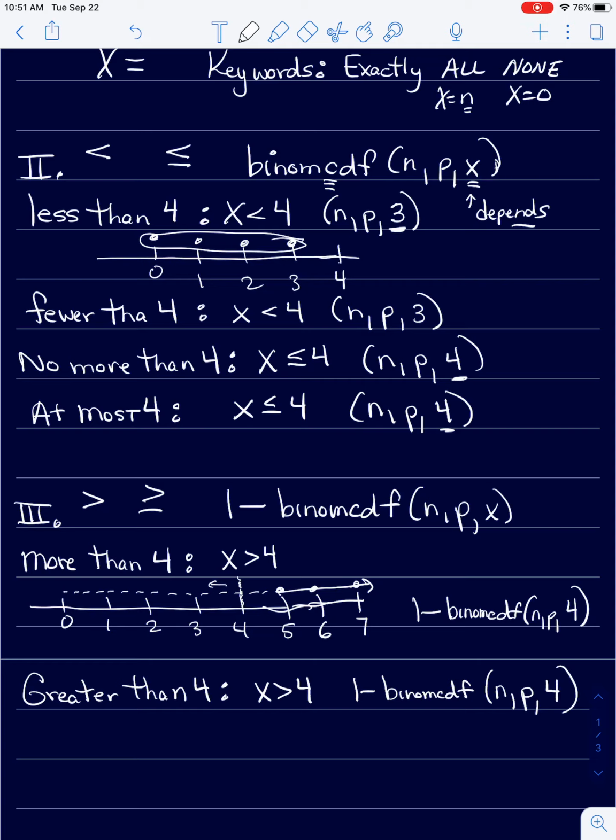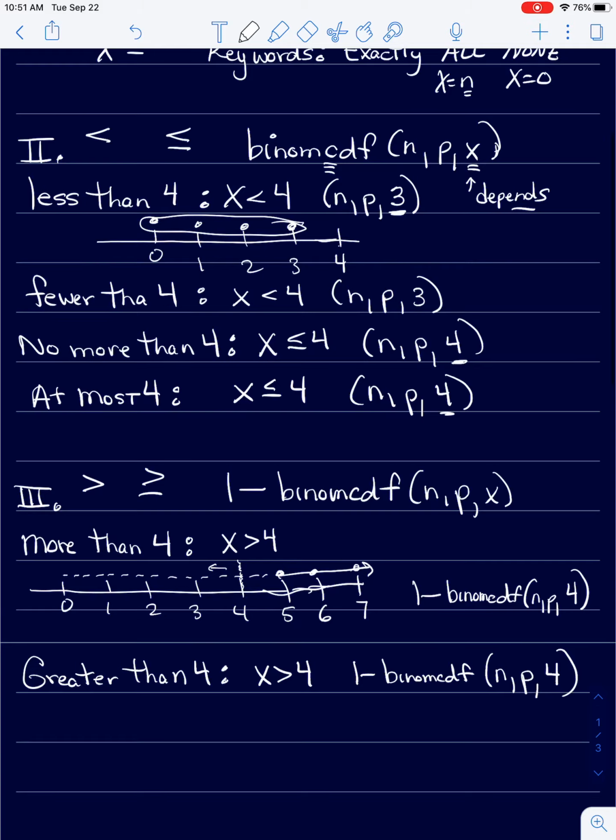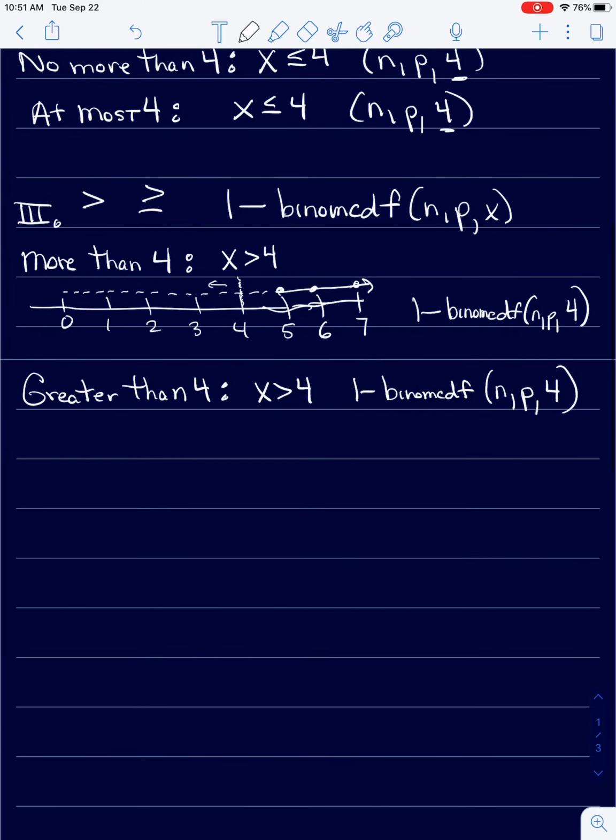Okay, so I'm going to scroll up just a bit. At least 4. And again, why is it 4? I just picked some number to use for an example. It doesn't have anything to do with 4s. It could have been 7. Anyway, at least 4. So X is greater than or equal to 4 this time.